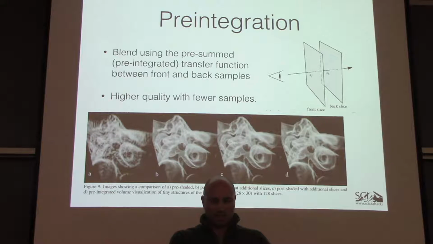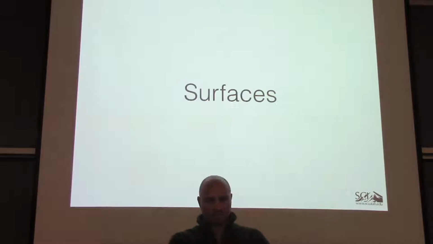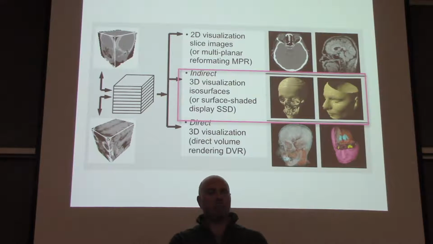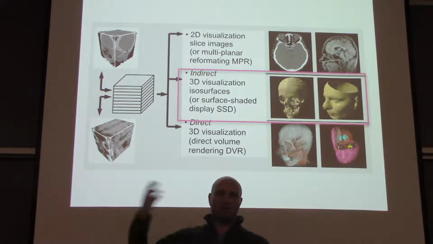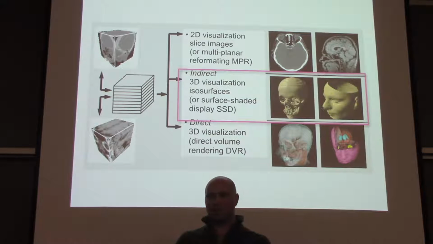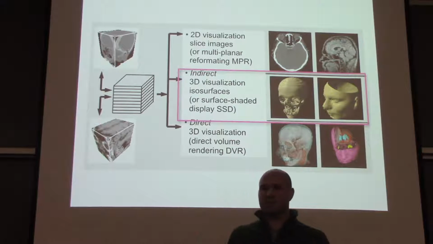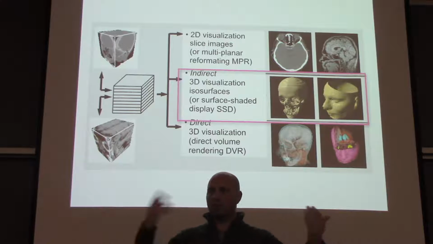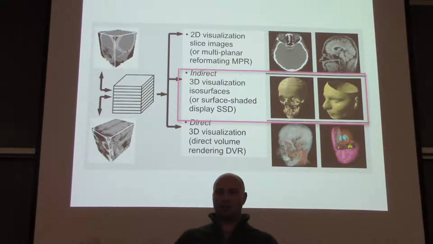And so I'll just throw this up really quickly. But if people wonder why one person's volume renderer is slow and looks horrible, whereas another person's volume renderer looks great, very often it's a trick like pre-integration that is making one volume renderer much more effective, or much higher quality than another for the same number of samples.